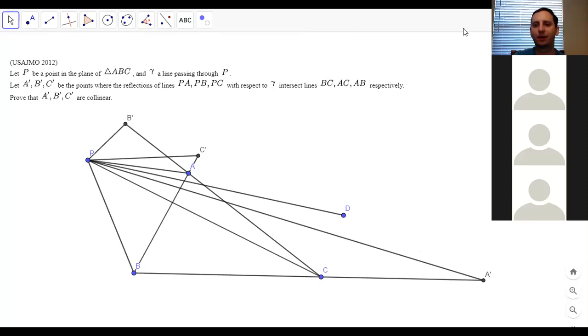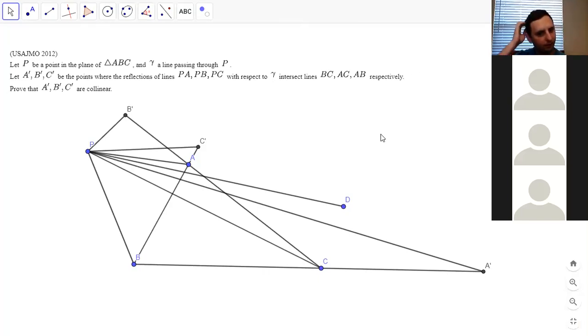Okay, interesting. All right, let's see if we can figure this out. So maybe there's a solution just using the normal Desargues theorem. So we want to show, we have a lot of isogonal lines, right? So PD is like the main line, then PA and PA prime are isogonal, PC and PC prime are isogonal, and so are PB and PB prime.